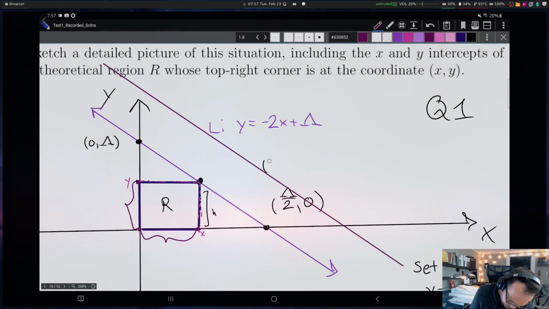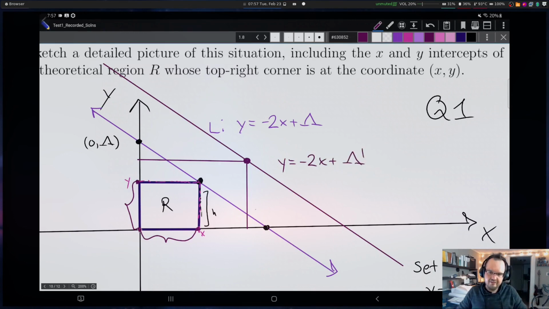So yeah, you can imagine if they change their mind and they now want a box out on this line for whatever reason, then now you don't have to redo the problem. So maybe this is like y equals negative 2x plus lambda prime, where lambda prime is like they've chosen some different number for some reason.